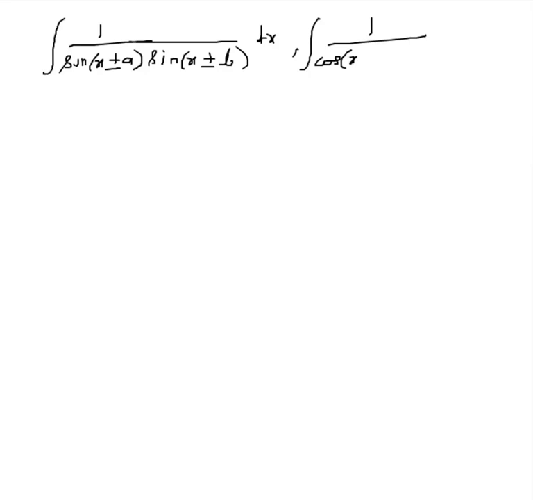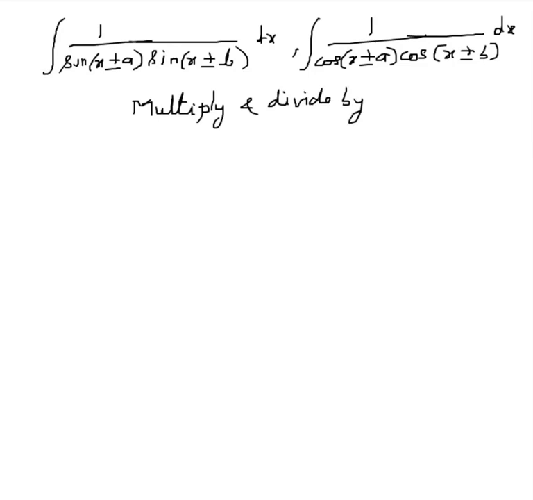If you have integrals of the form 1 divided by sine of (x plus or minus a) times sine of (x plus or minus b) dx, or the integral of 1 by cos of (x plus or minus a) times cos of (x plus or minus b) dx, you have to multiply and divide by sine of (a minus b) or sine of (b minus a). This is the method.